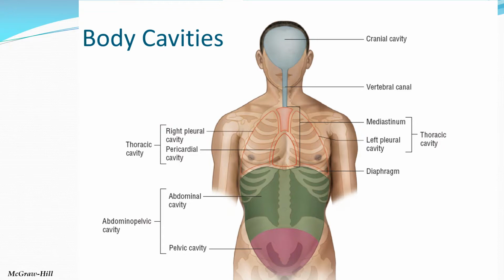Body cavities, major. There are only 2 major body cavities. So if you ever hear that word major, then the first one is dorsal, and the second one is ventral. So the dorsal only contains these 2 things.